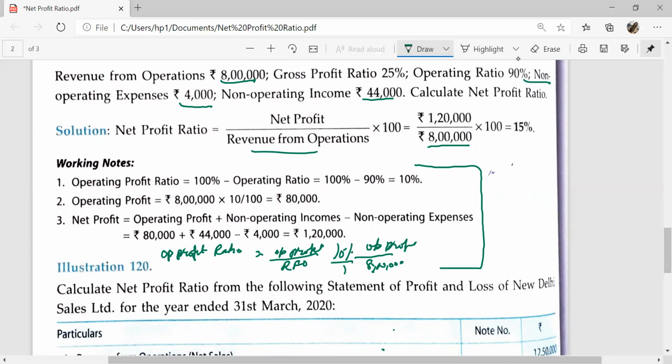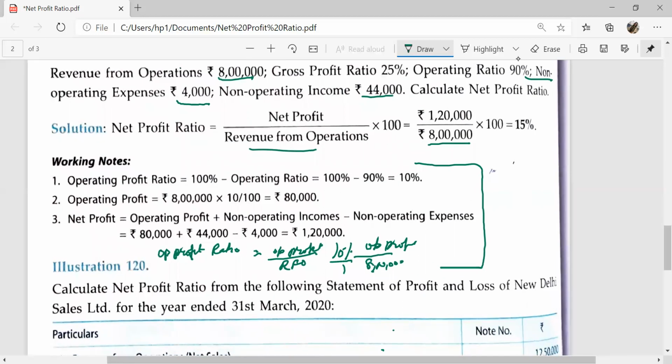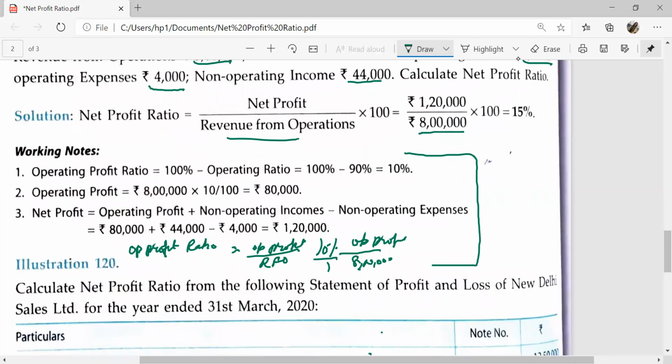Then after cross multiplying, the operating profit is equal to 8 lakh into 10%. Operating profit is equal to 8 lakh into 10%, that is 80,000. 80,000 is the operating profit.